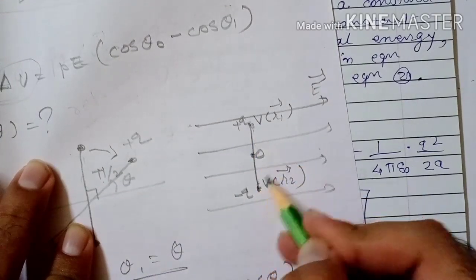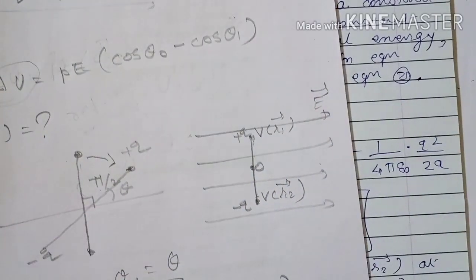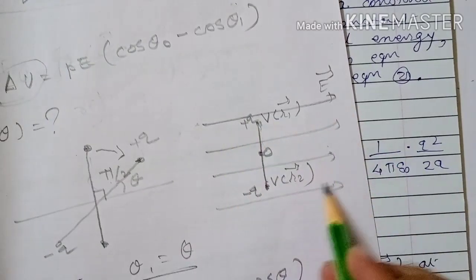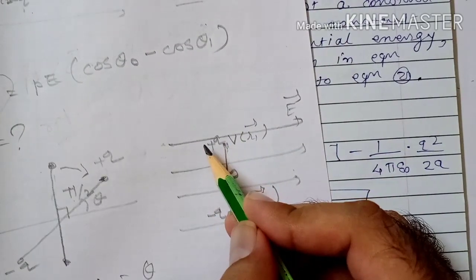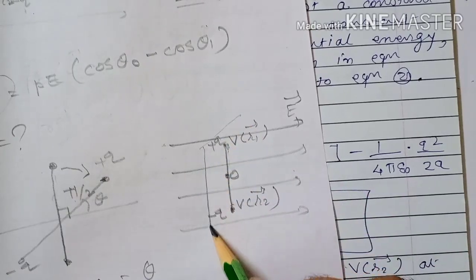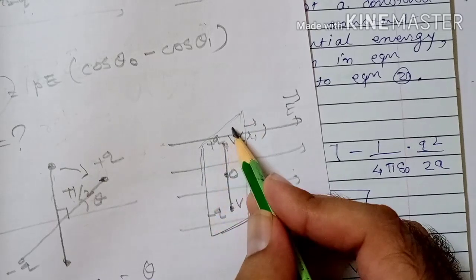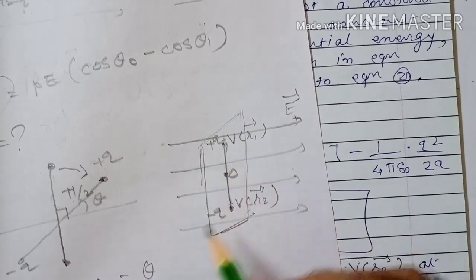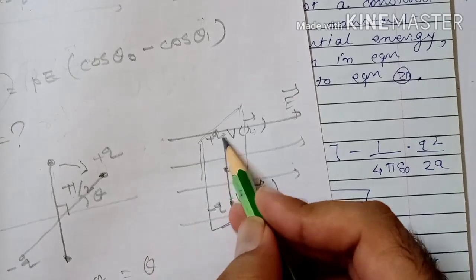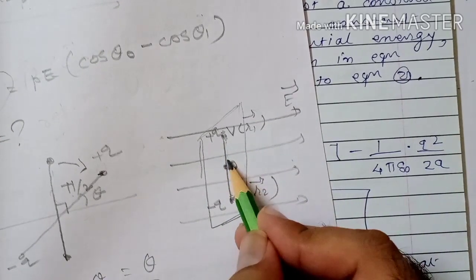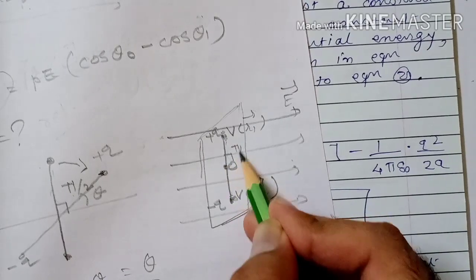This is the line perpendicular to the electric field, and we know that equipotential surfaces are always perpendicular to electric field, and this is uniform electric field. So we will get equipotential surface perpendicular to the electric field like this, and at each and every point on this surface potential will be same. Therefore potential at r1 vector and potential at r2 vector will be same when angle is pi by 2.